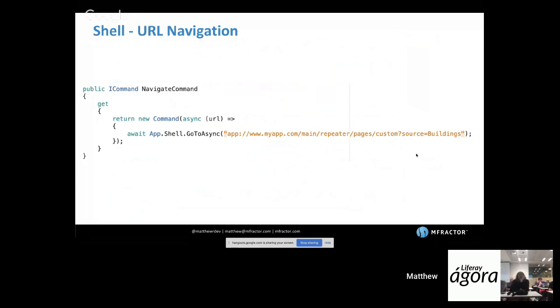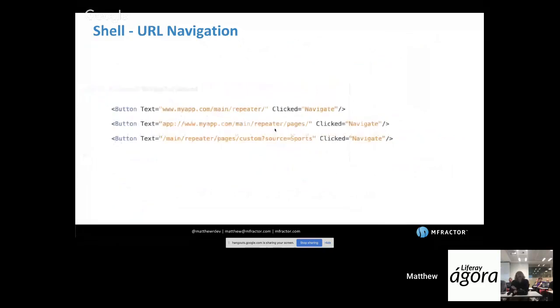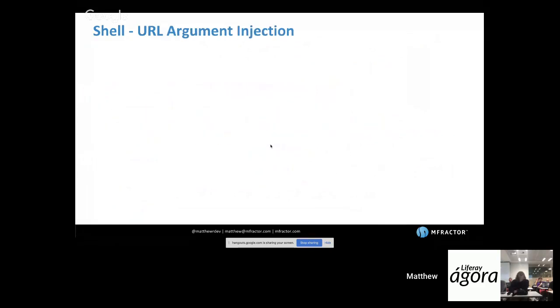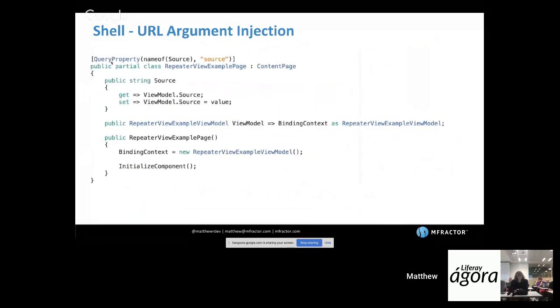Now, another interesting thing that you can see here in this navigation demo is that we have query parameters. So at the end of the custom, we have question mark source equals buildings. So Shell also supports injection via URL parameters, using this QueryProperty. QueryProperty is an attribute that we can apply onto our pages or our view models.